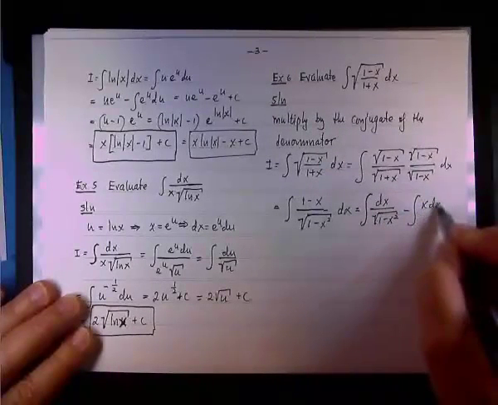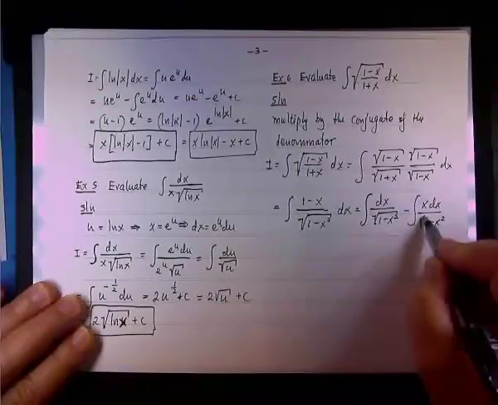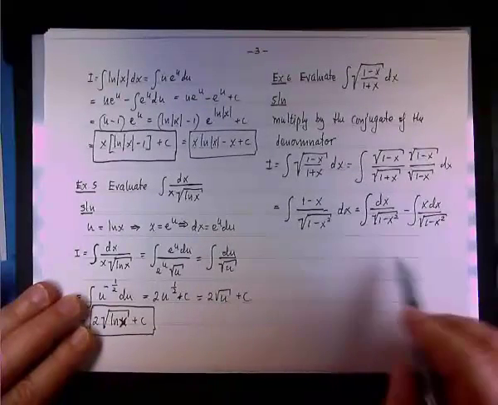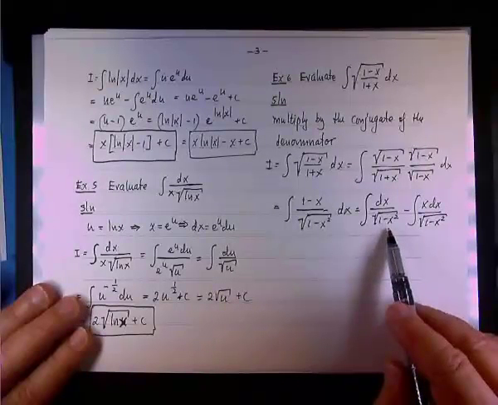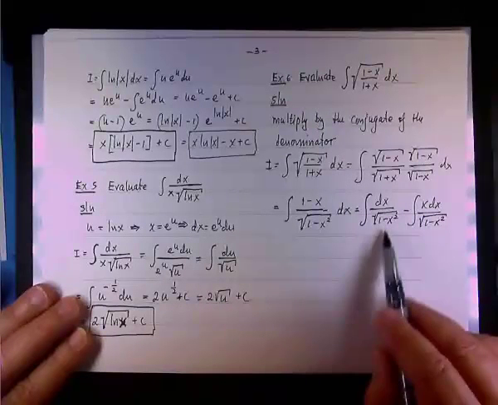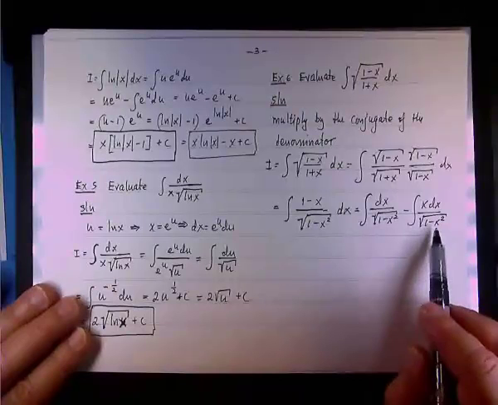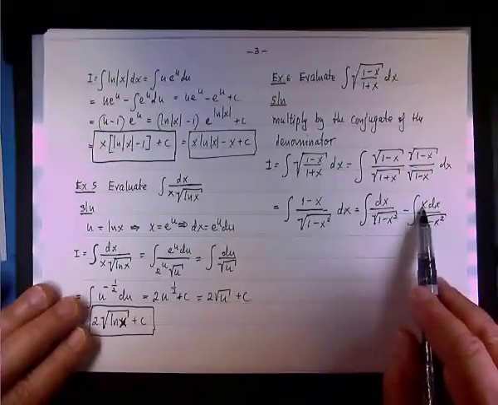So we have the integral of dx over the square root of 1 minus x squared, plus or minus the integral of x dx over the square root of 1 minus x squared. Now here we can see the advantage of doing so. This is directly the inverse sine right there, right?